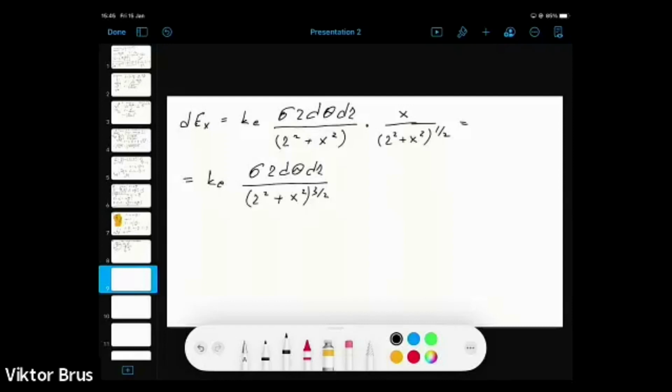Now we need to calculate the total electric field from every segment. That's why we need to integrate over the area of the disk. In this case, the total electric field created by the disk, Ex, will be Ke times sigma times, oh, I forgot here, x. It comes from here.